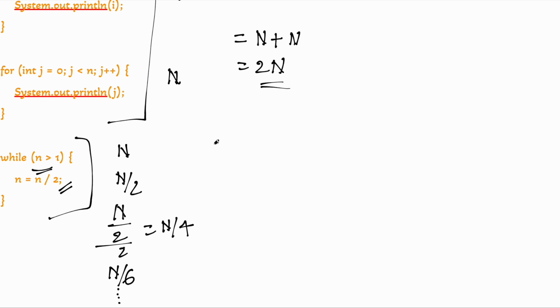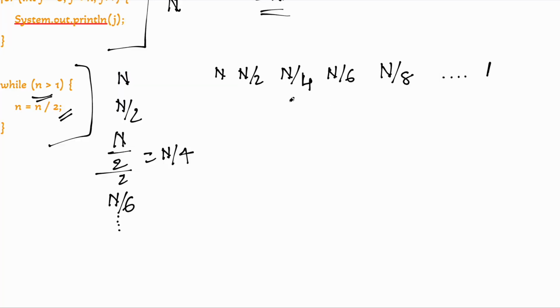So what is happening here? n by 2, n by 4, n by 8, and so on till 1. Let's assume this is happening for k times, which is k steps.